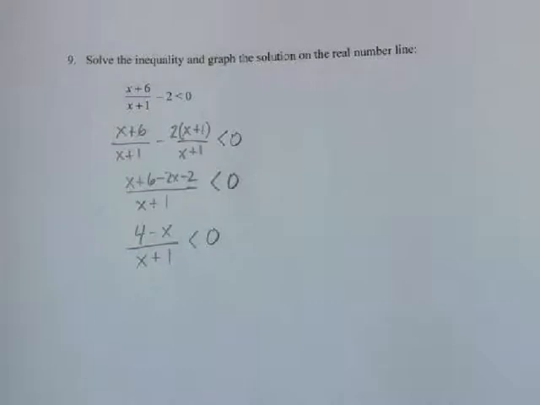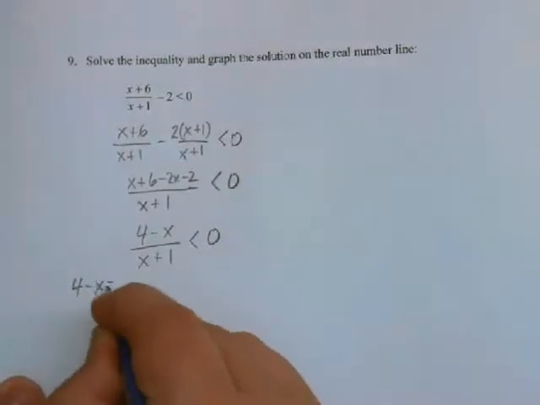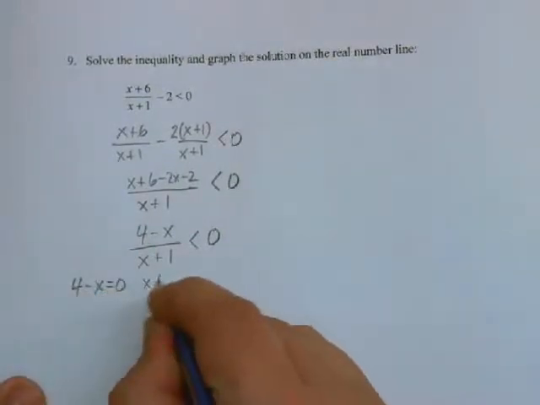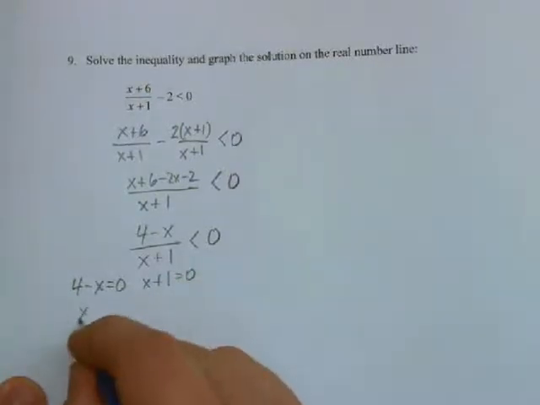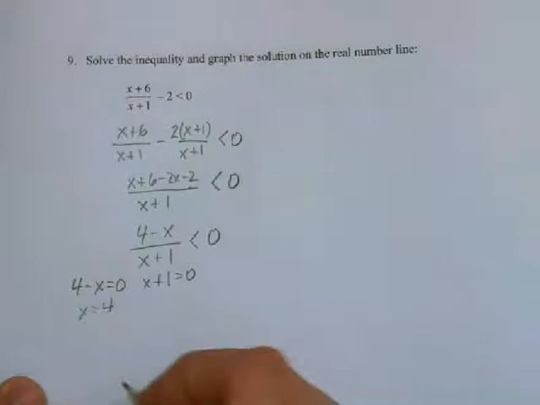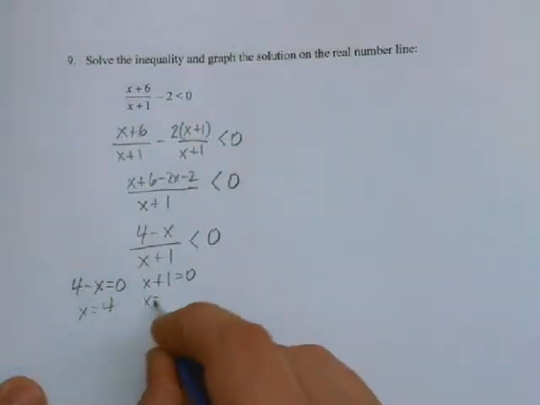So any sign changes will occur when the top is equal to 0 or the bottom is equal to 0. So let's go ahead and find those critical numbers. My two solutions are positive 4, since 4 minus 4 is 0, and negative 1.